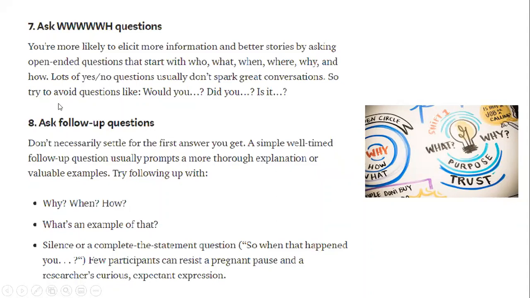And here it says avoid. Avoid means don't do this. Avoid questions like, would you, did you, is it? Do you remember what you call these questions that start with auxiliaries or with verbs to be? Closed questions, right? Because what if I ask you, do you like blue? You're going to tell me yes, no. That's it.